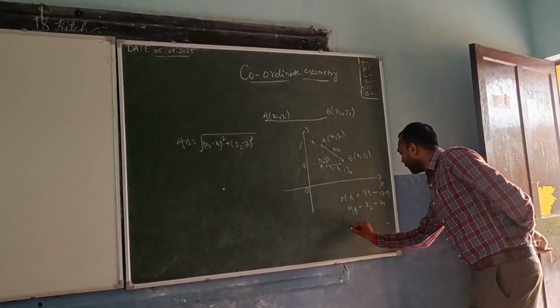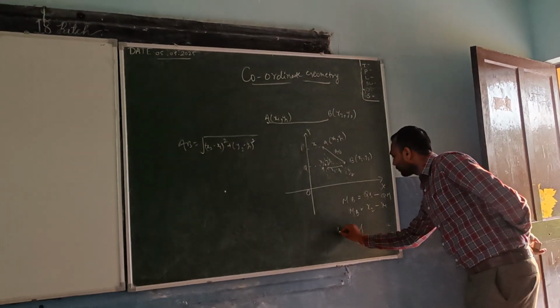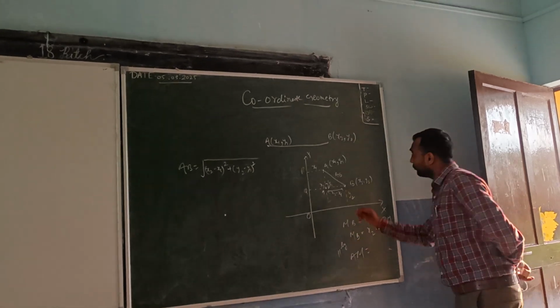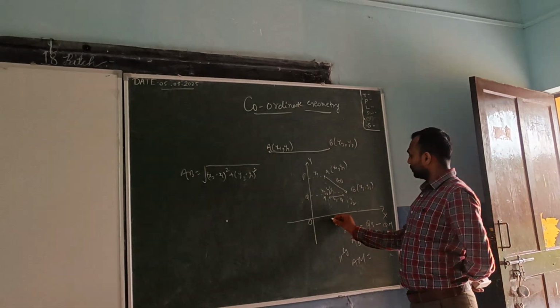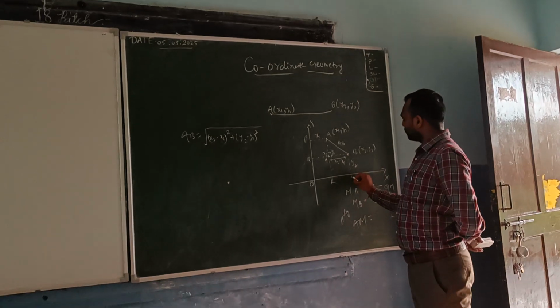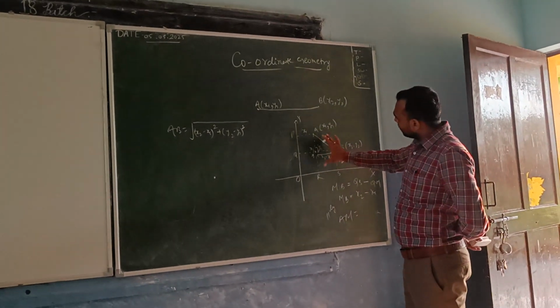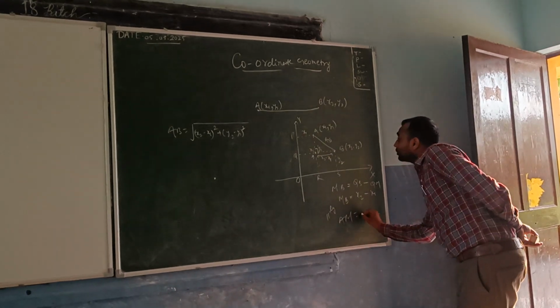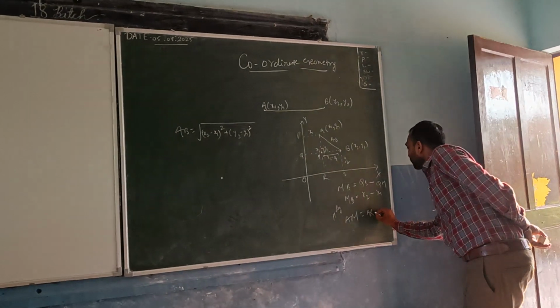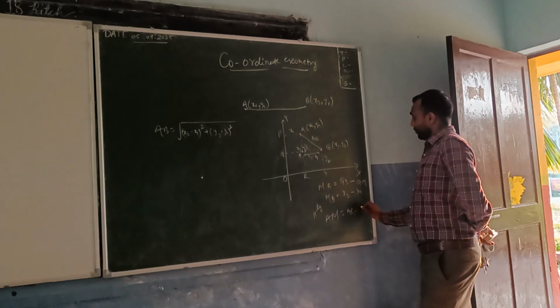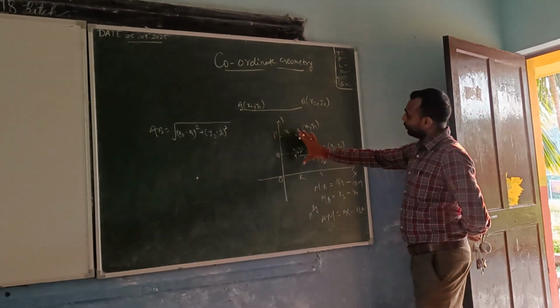Similarly, the value of AM. AM is equal to AR minus MR. And what is the value of AR?